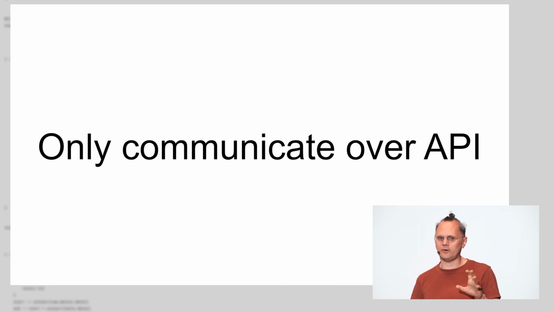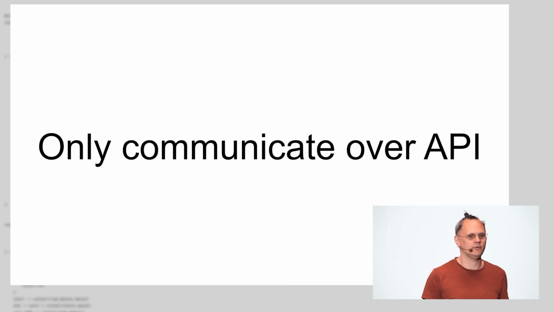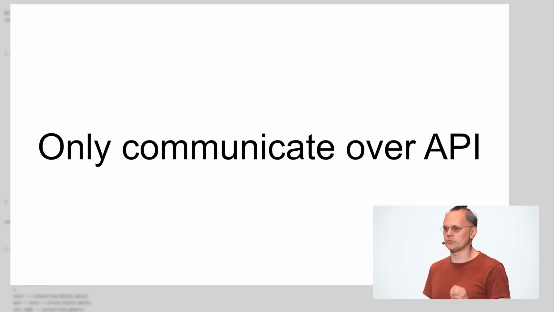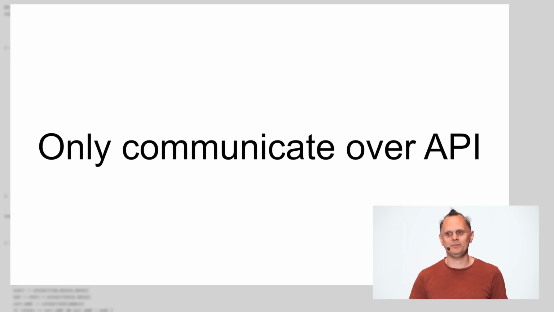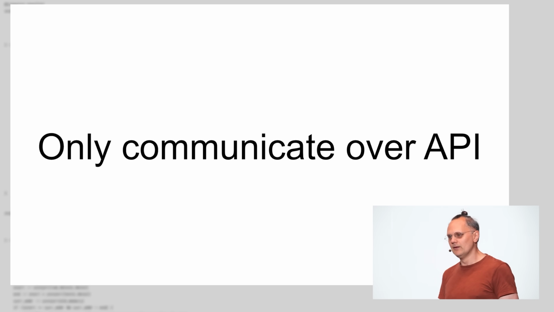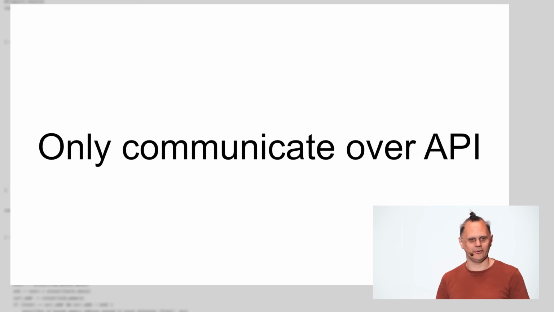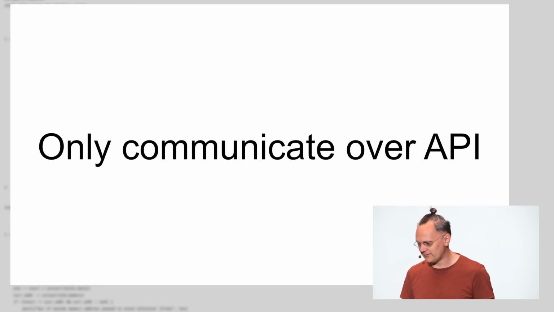And the way we should communicate with each other is over APIs, because humans are very much like CPU cores. We are really productive and really good until we need to synchronize with another one. Then we become incredibly slow. So you really, really don't want to synchronize with others if you can avoid it.